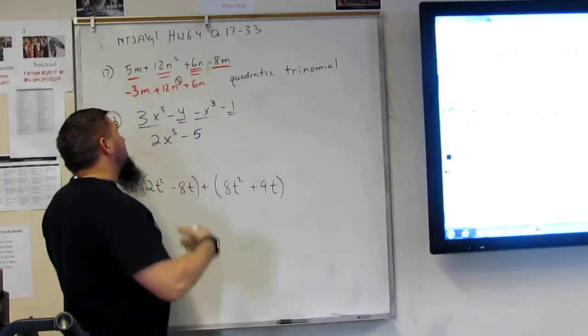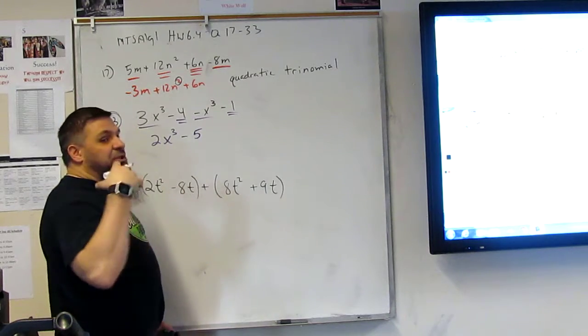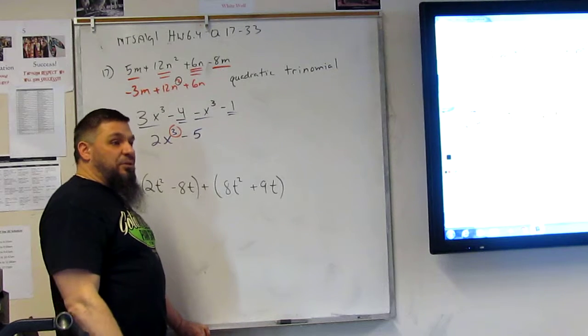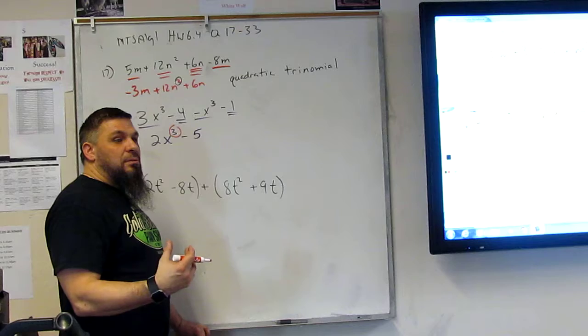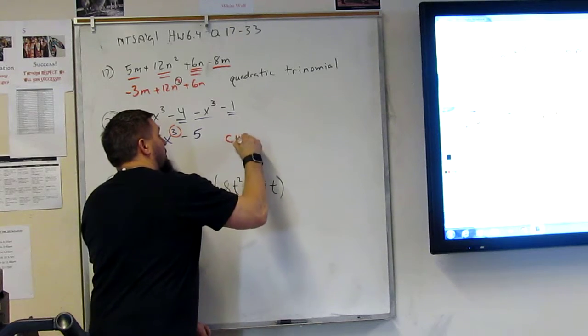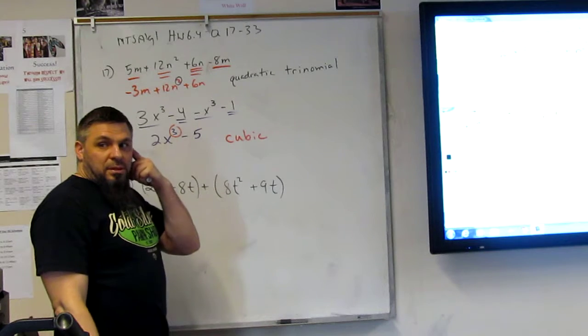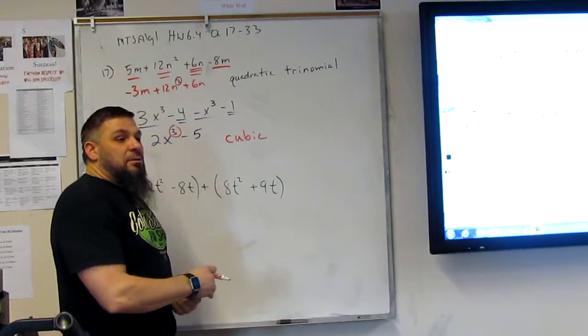Next, you're going to tell me what it is. It's always the degree first. What's the degree? 3. Third degree, which we call? It should be written down somewhere. Cubic. You're going to know this by the end of these 2 weeks.